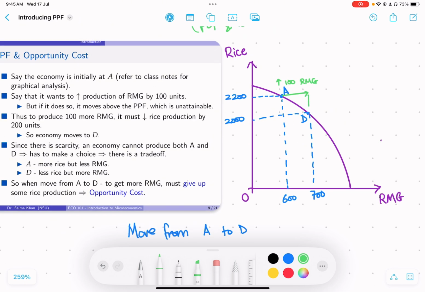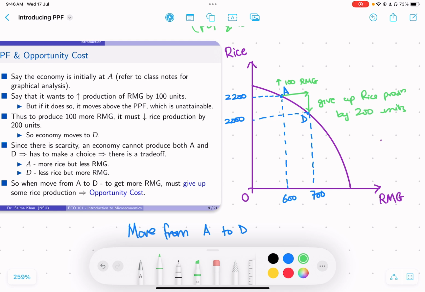So what does it do? In order to reach D, it has to give up rice production by how much? In this case, we've given the example, it's going to be by 200 units.